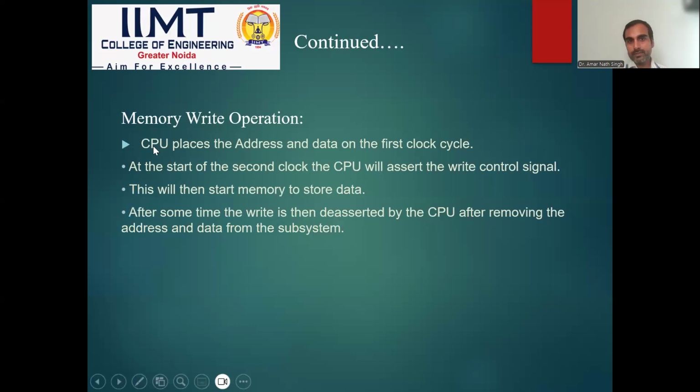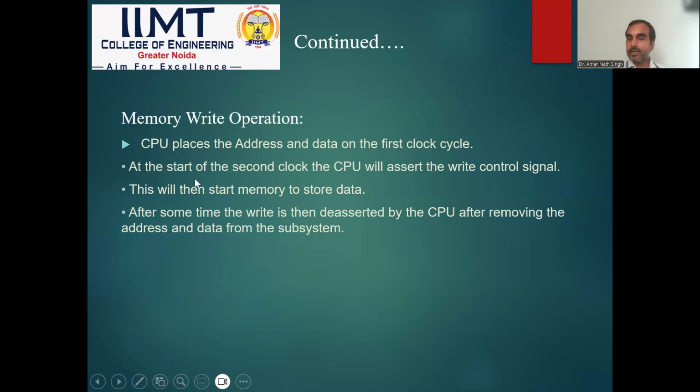So here you see the CPU places the address and the data on the first clock cycle because you are going to perform the write operation. So during the write operation, it is by default understood that we are also going to perform the read operation in the meanwhile. Okay? The read operation is always going to be performed in a simultaneous way, and according to this, the entire process is going to be accomplished.